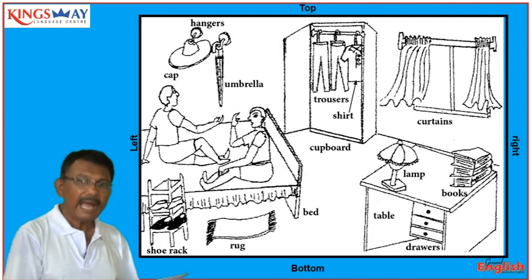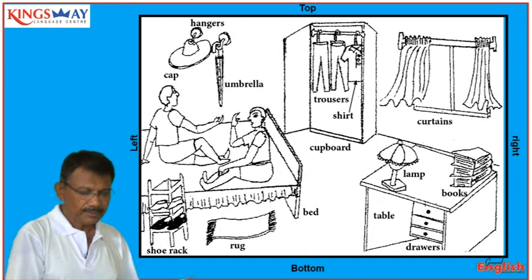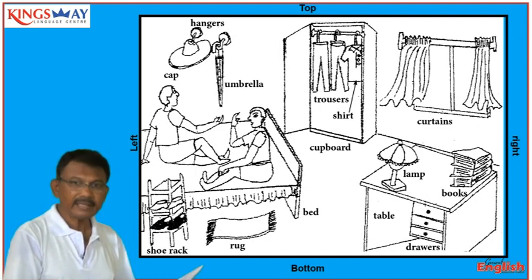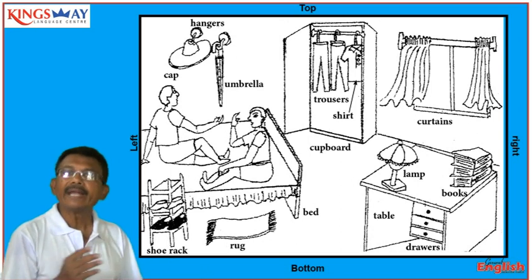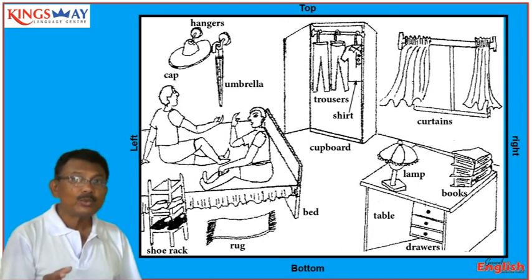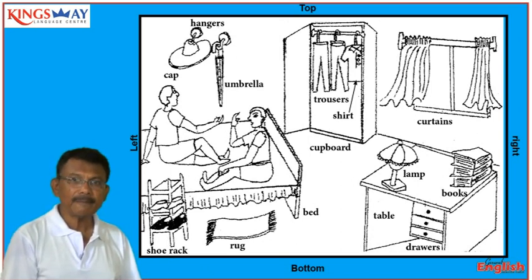There is a cupboard and there are some clothes in it. What can you see? You can see some trousers and a t-shirt or something like that. Yes.